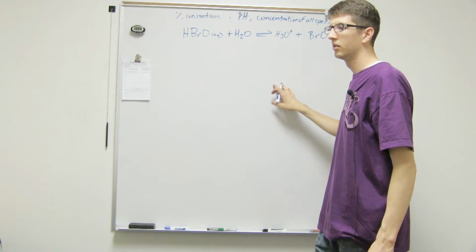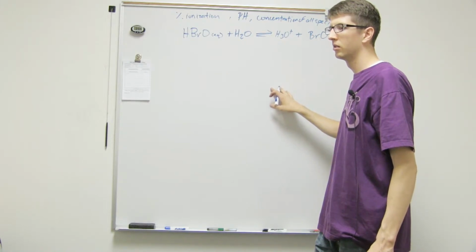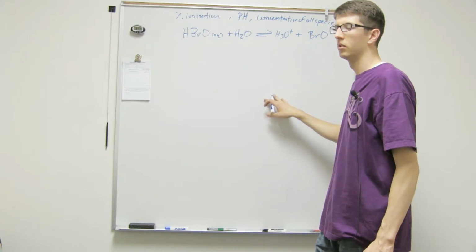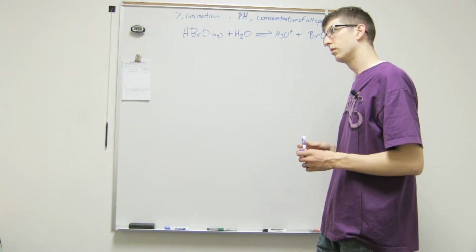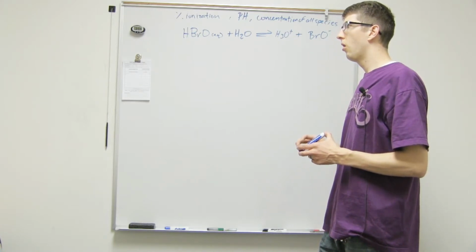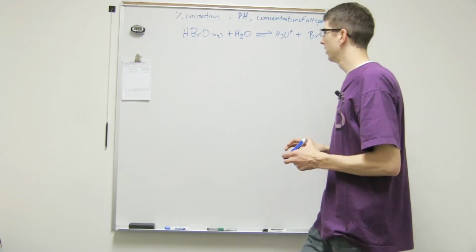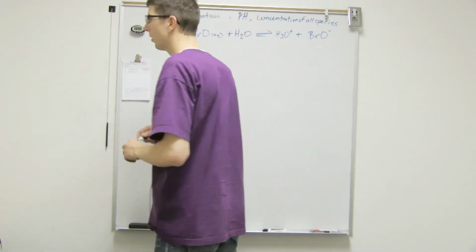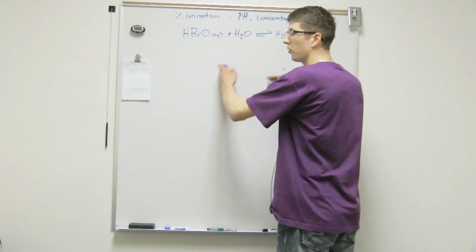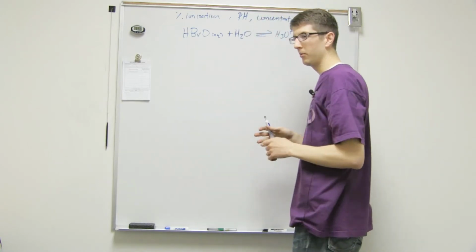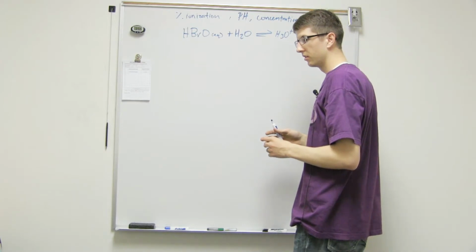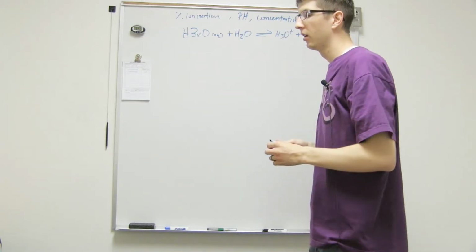We're going to divide the final concentration of the hydronium ion by the initial concentration of the acid. Almost. You have that in mind, the idea where we have products over reactants. You're thinking of the equilibrium expression, aren't you? I thought it was percent ionization, but I could be saying it wrong.